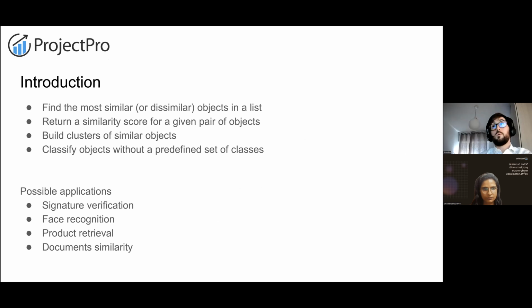First, the introduction. Why can we use the Siamese neural network? In general, the main reason is to get some information about the similarity of two objects. The most common case is for images. We want to get some sense of distance in the meaning of the image.